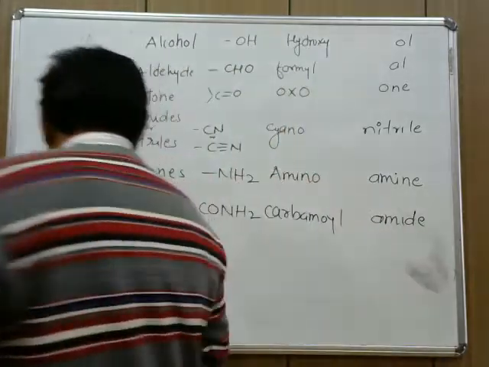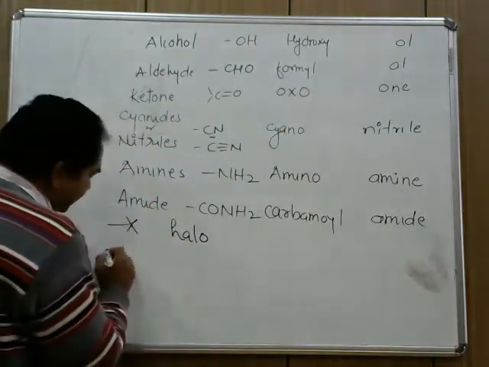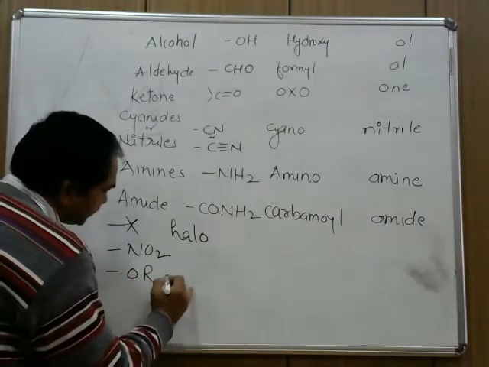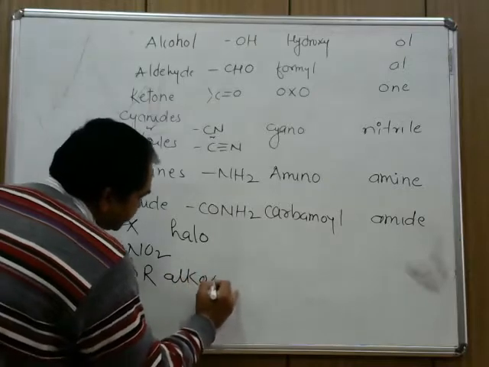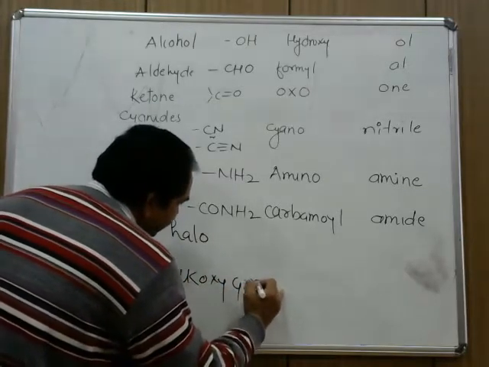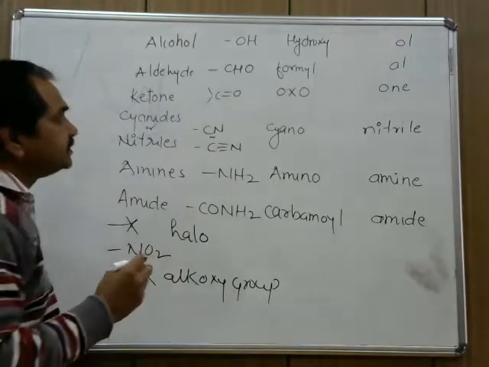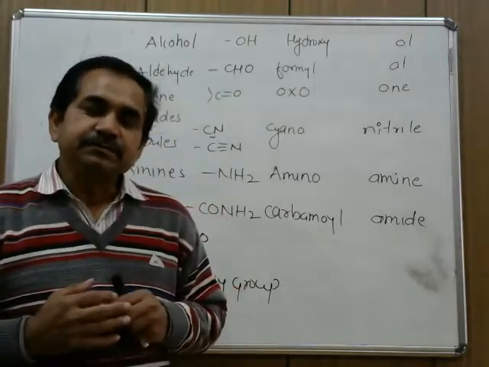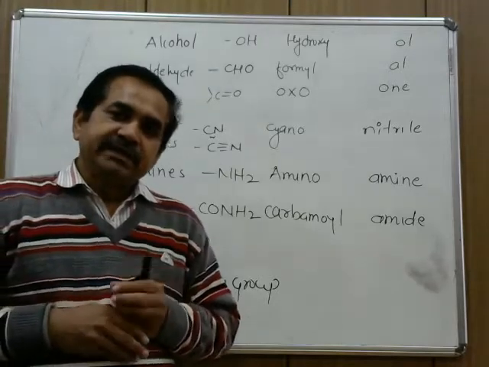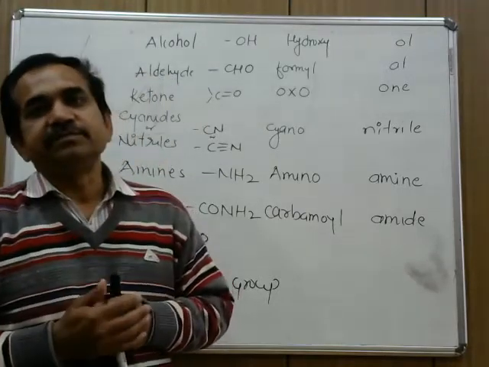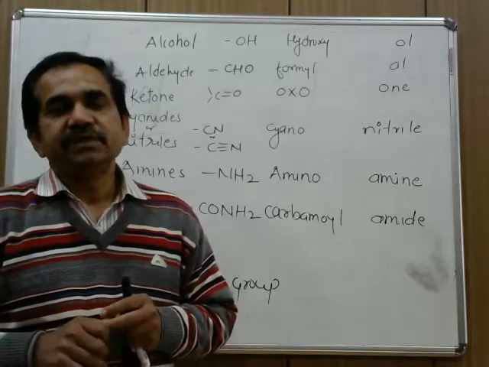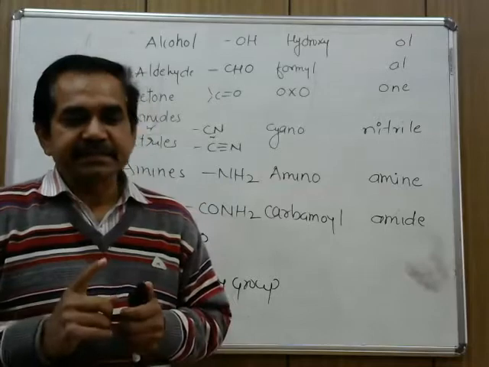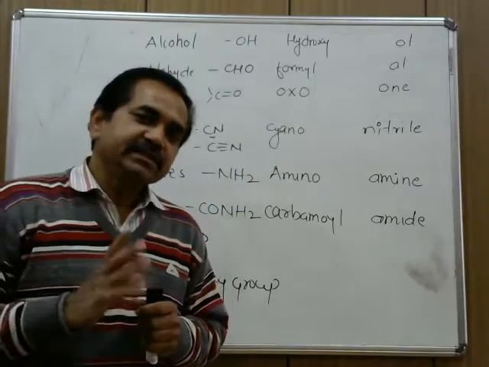In a similar way, the nitro group, OR, the alkoxy group, these are also groups which, when present in the compound, behave as a functional group, but they are not treated as functional groups as far as IUPAC naming is concerned.